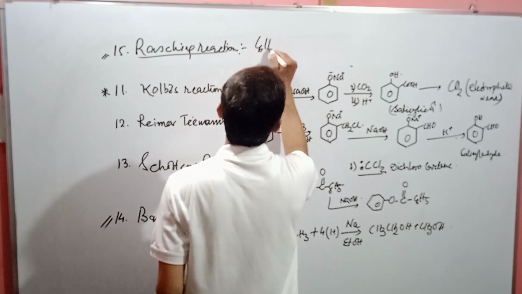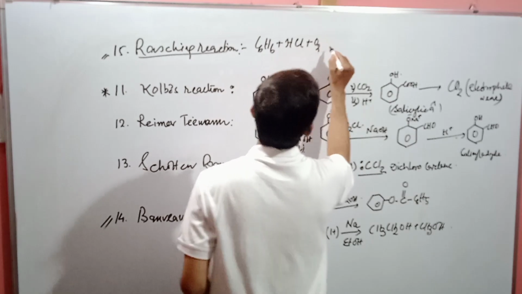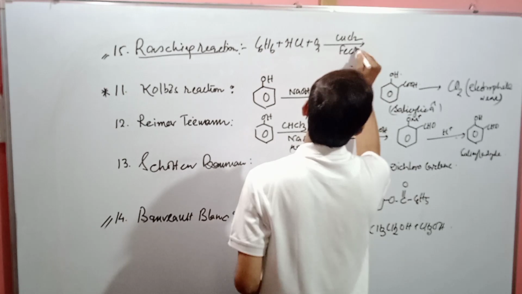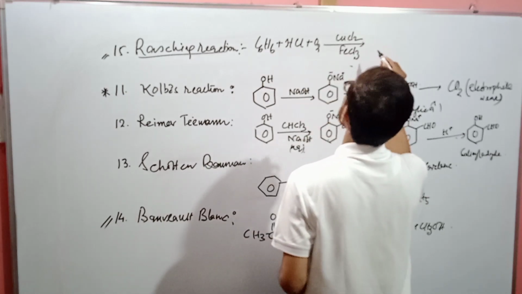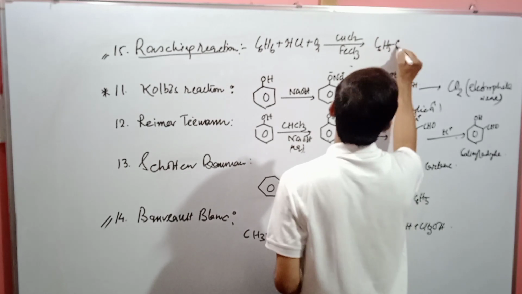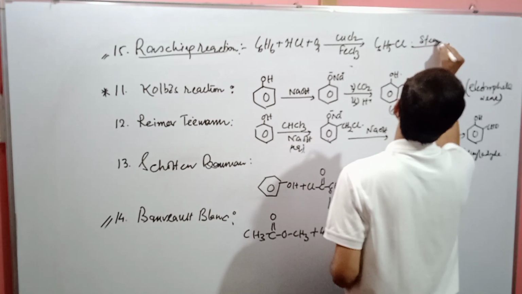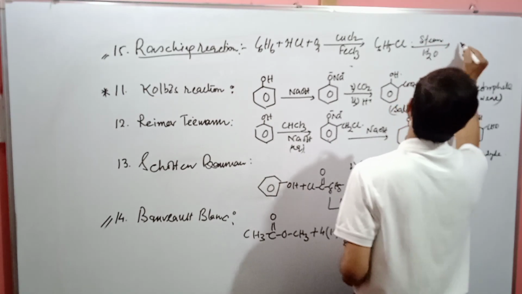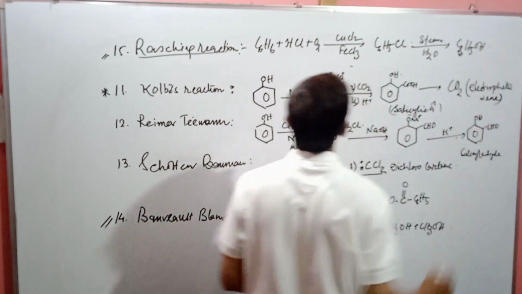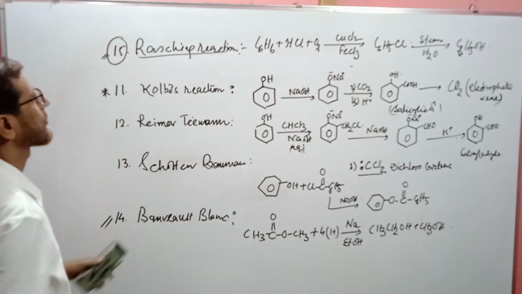This is benzene plus HCl plus O2, with CuCl2 and ferric chloride, giving C6H5Cl, then with steam, meaning water in steam form, giving C6H5OH, phenol. It is a preparation again.